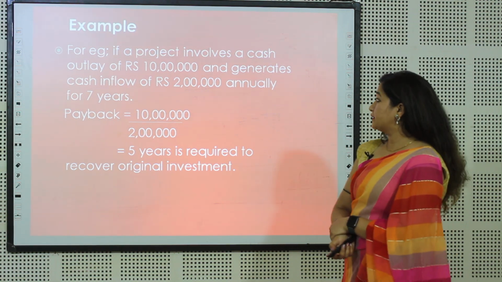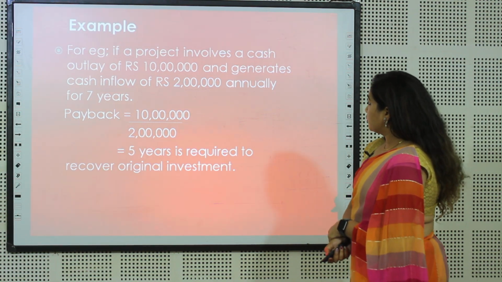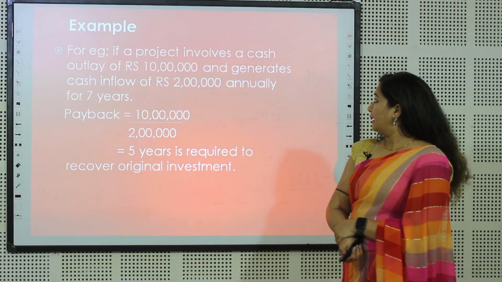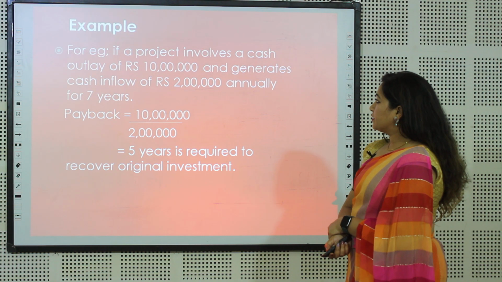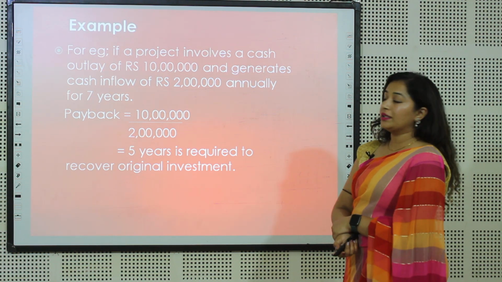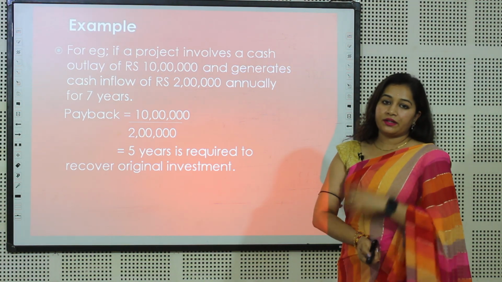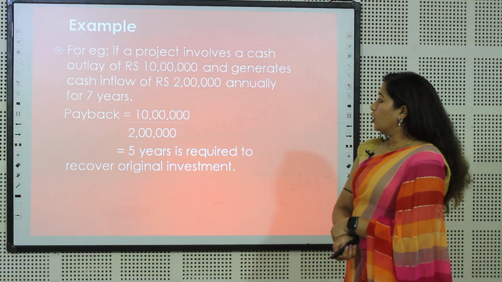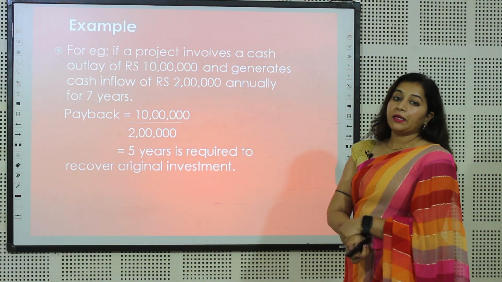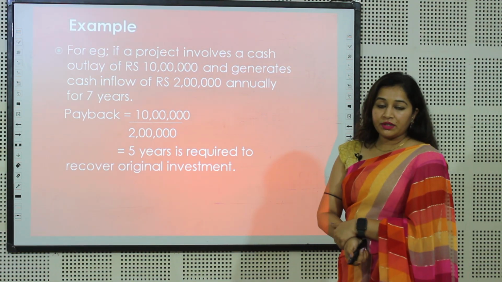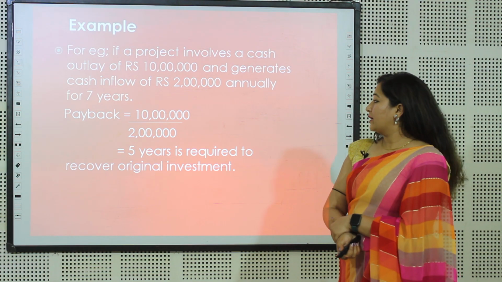This is the example. Say for example, if the project involves a cash outlay of 10 lakh and generates a cash inflow of 2 lakh annually. Annually the project is generating the cash inflow. So what will be the payback period? The formula is cost of the project upon annual cash inflow.